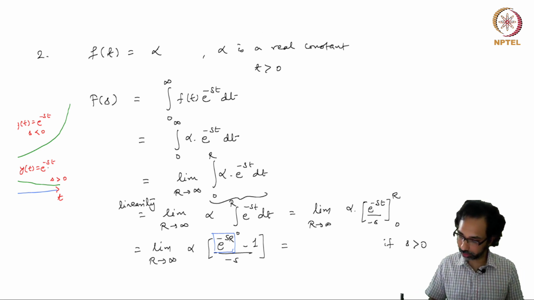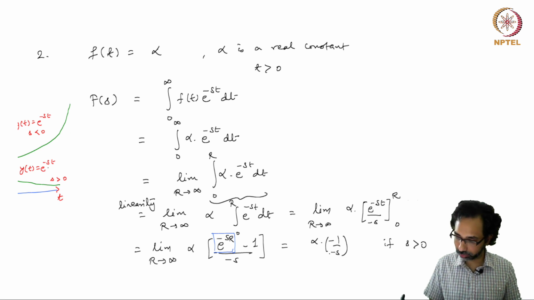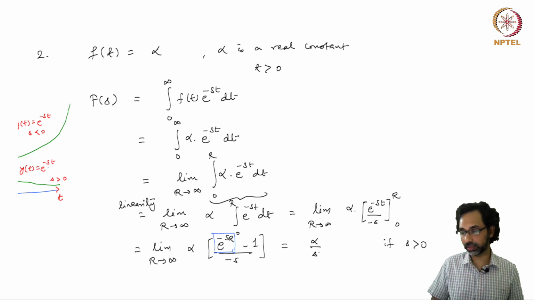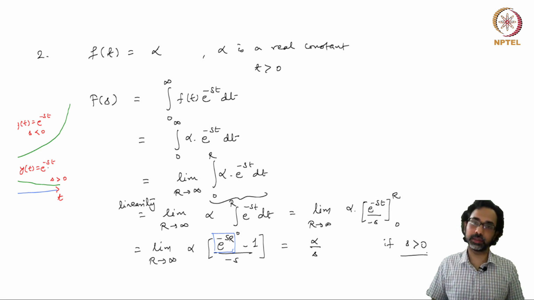So here, in the end, after we evaluate this limit, we will get alpha times minus 1 over minus s. So minus cancels. So we are just left with alpha times 1 over s, or alpha by s, provided that s is positive.